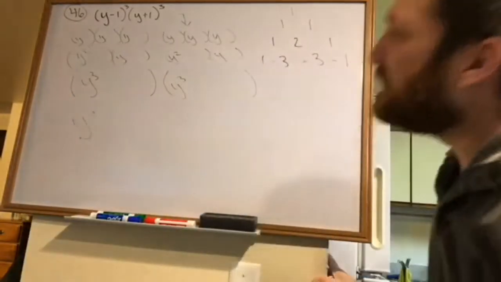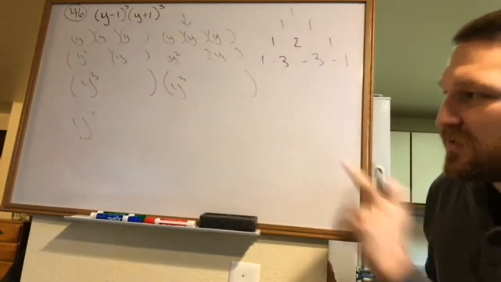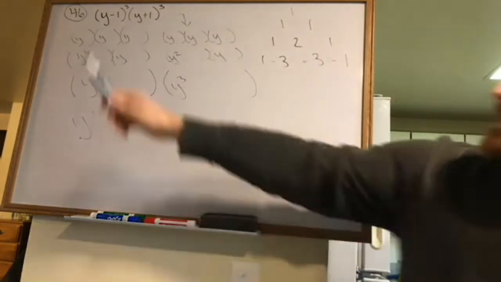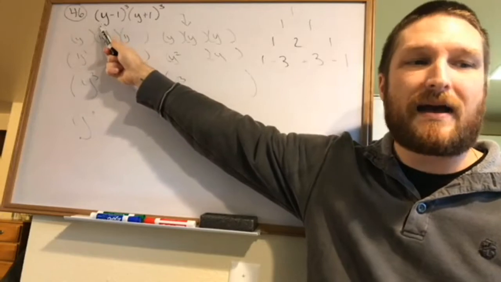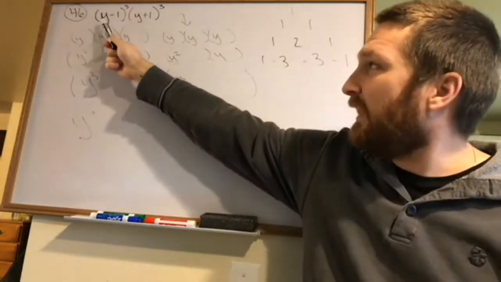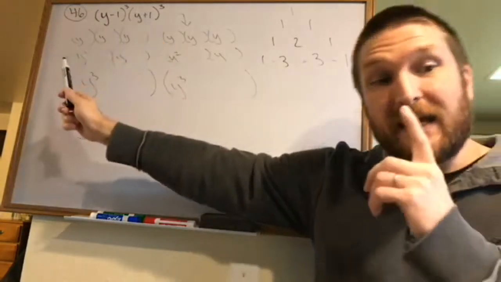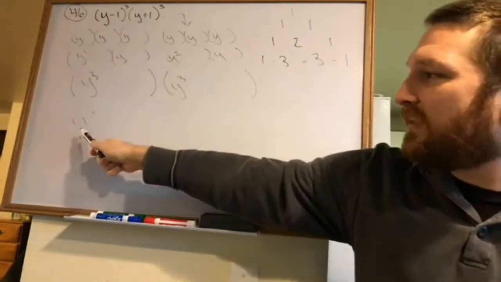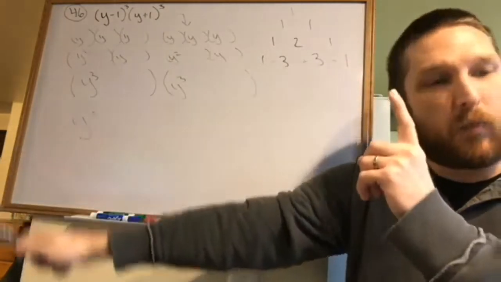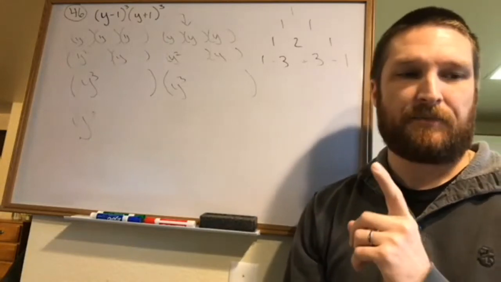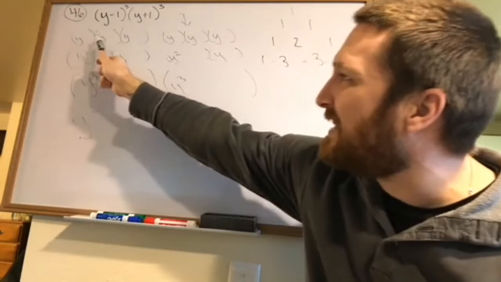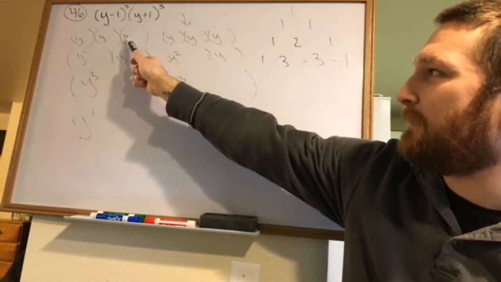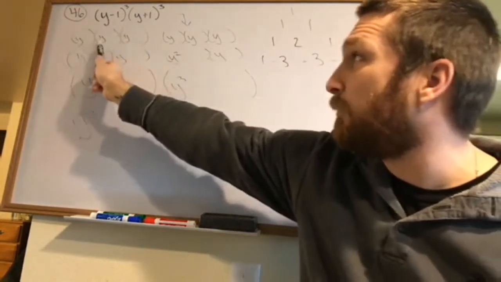Another thing that's interesting to note is that since there's no number in front of the y, the number in front of the y is a 1, and the number in front of this y is a 1, then the only thing that this could be is a 1 y to the 6th. Because how did we get this every time? Well, in every single case, the highest order term came from this far left part, right?